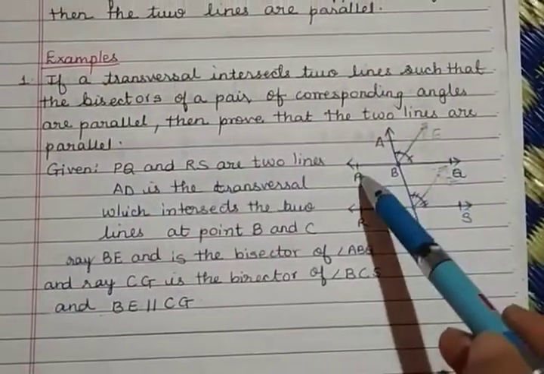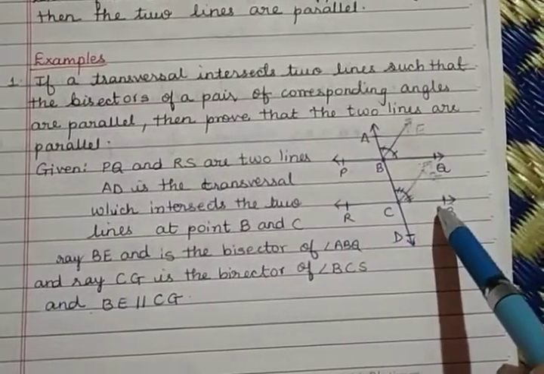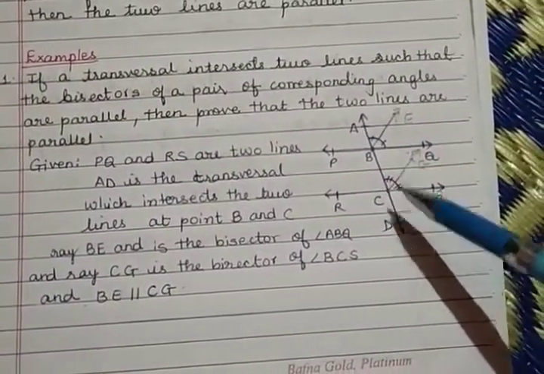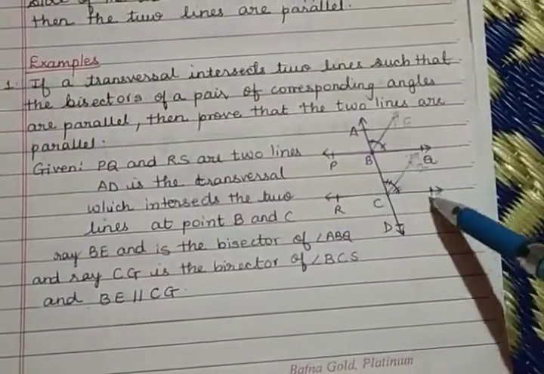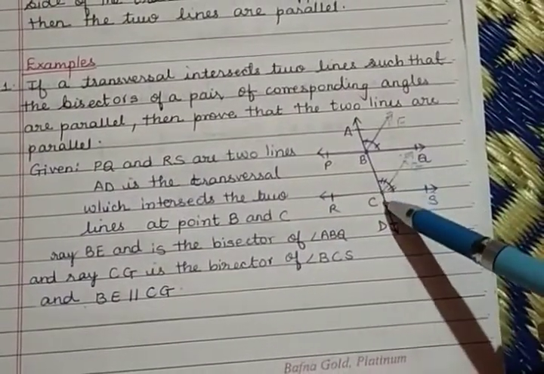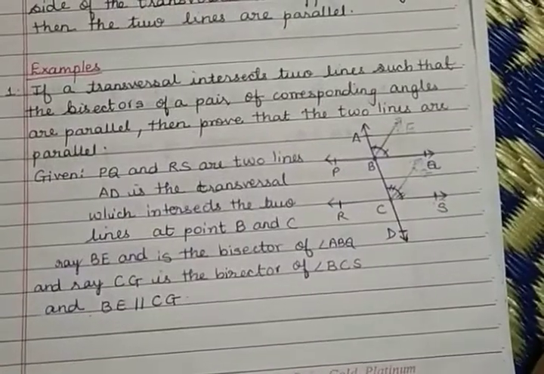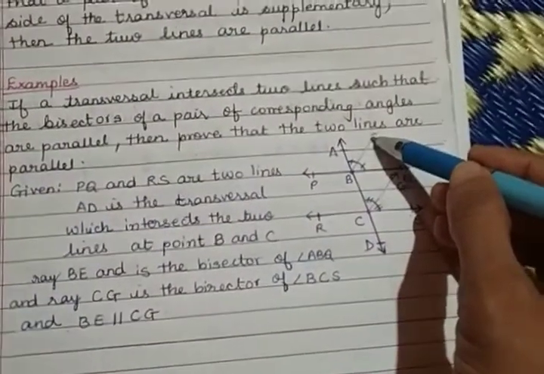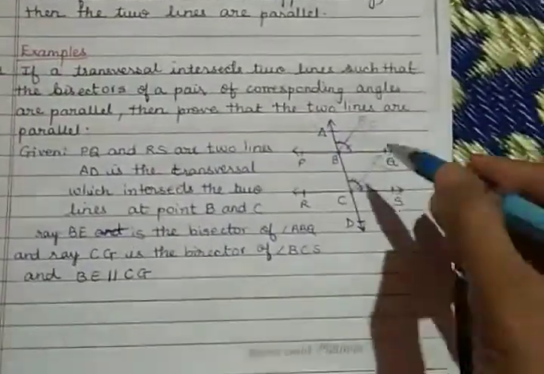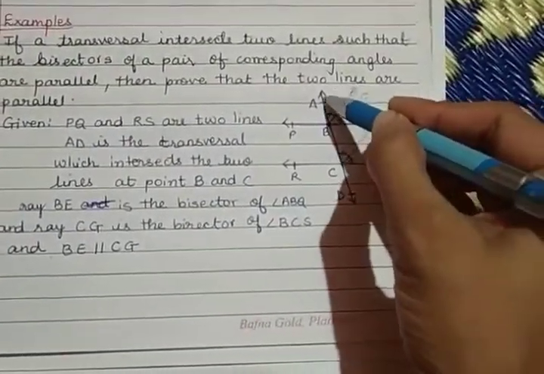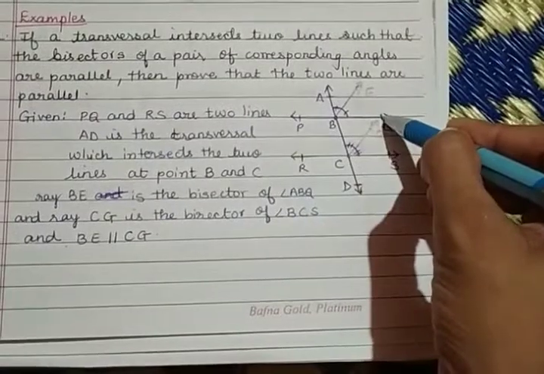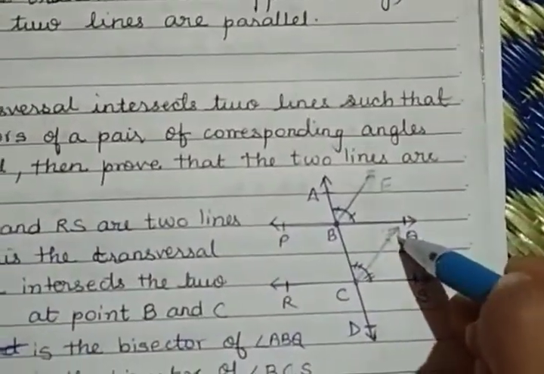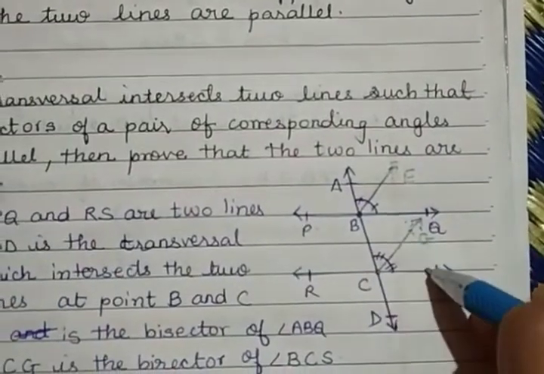It is given that PQ and RS are two lines, and AD is a transversal which intersects these two lines at points B and C. Next, ray BE is a bisector of angle ABQ, and ray CG is the bisector of angle BCS.